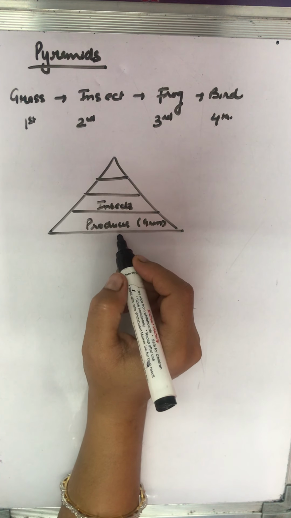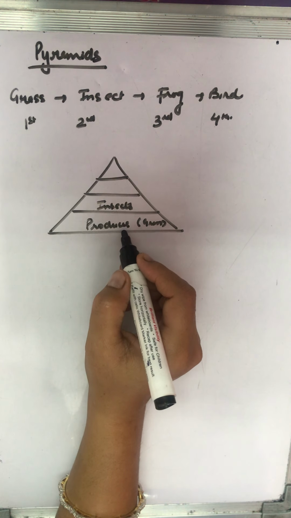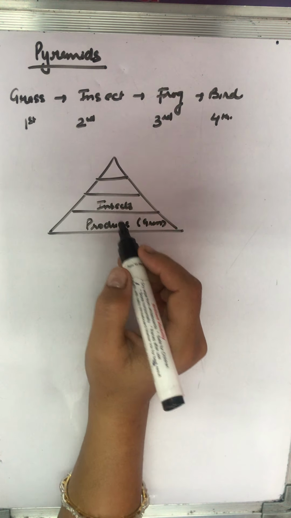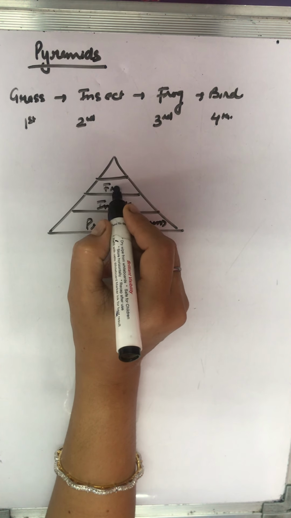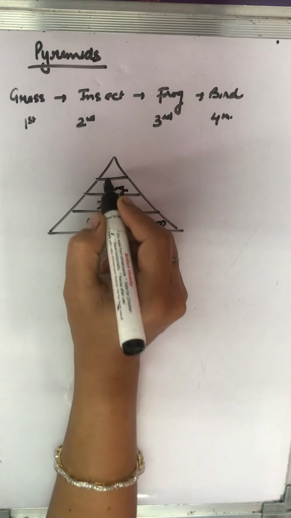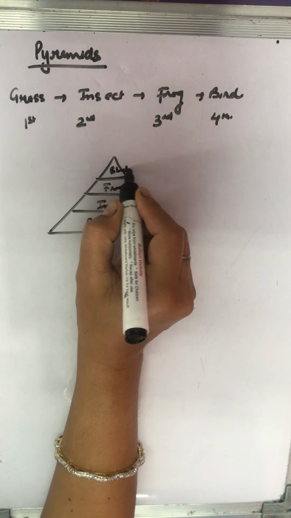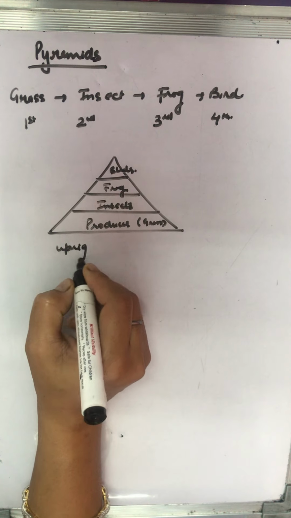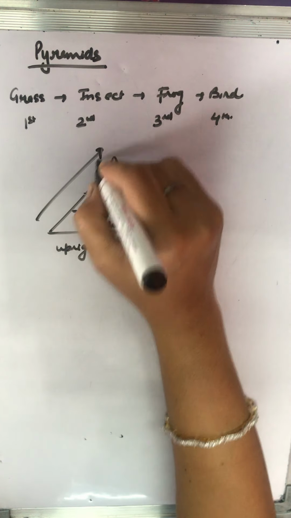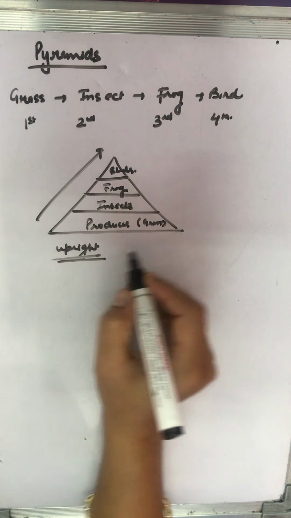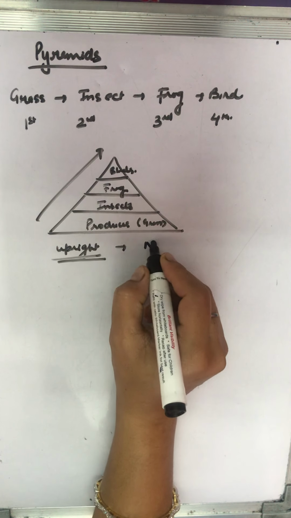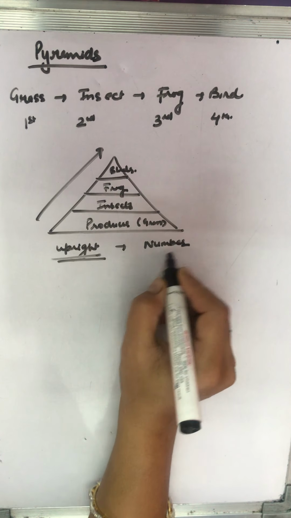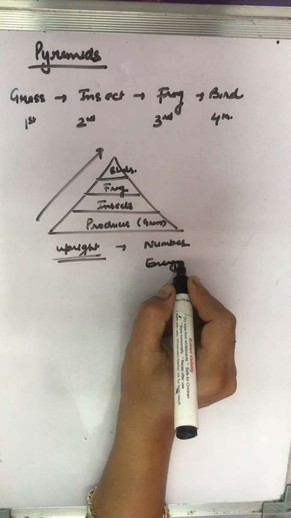Insects are feeding onto this producer, on this grass. Automatically the third level, frog, which is consuming the insect, and birds. So this is an upright pyramid. Okay, upright pyramid in terms of number and in terms of energy.